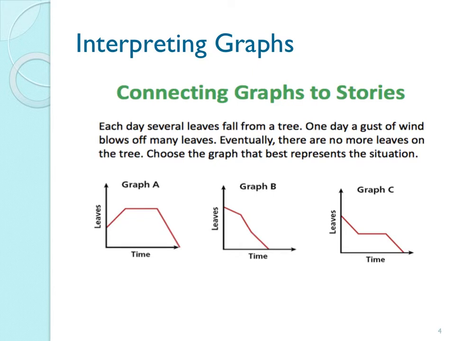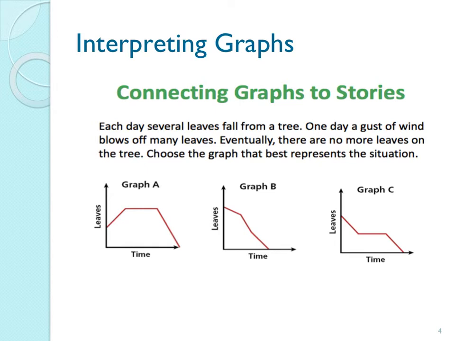When you are interpreting your graph: each day several leaves fall from a tree. One day a gust of wind blows off many leaves. Eventually there are no more leaves on the tree. Choose the graph that best represents this.